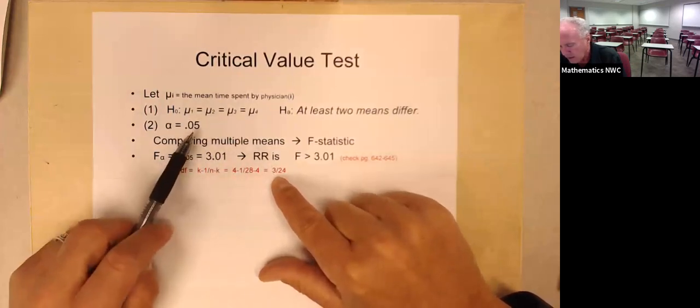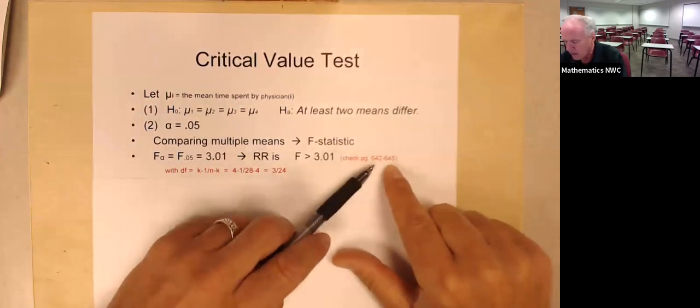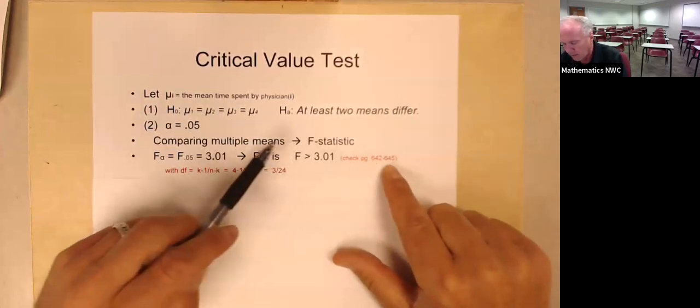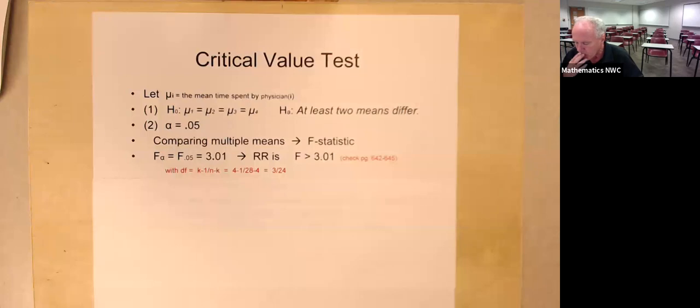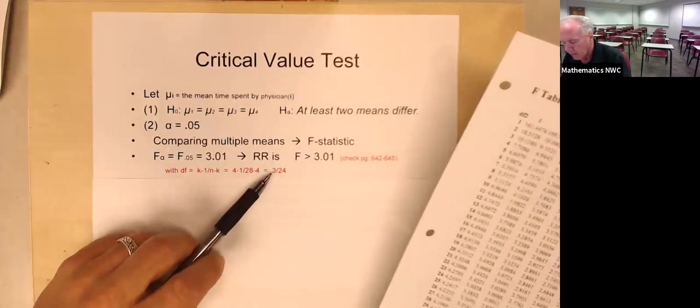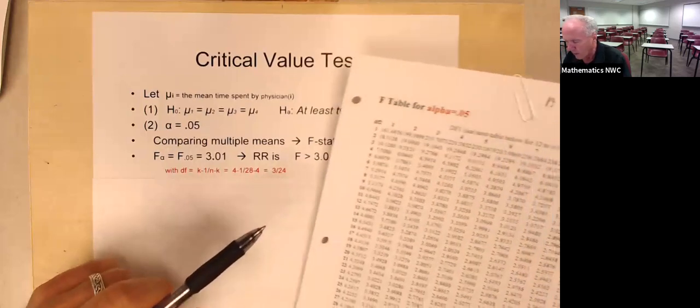We need to find the chart, because each chart has a different alpha value. We have alpha values given on this set of charts from page 642 to 645, alpha levels of 10%, 5%, 2.5%, and 1%. We're looking at 5%. Remember, our degrees of freedom are 3 and 24.